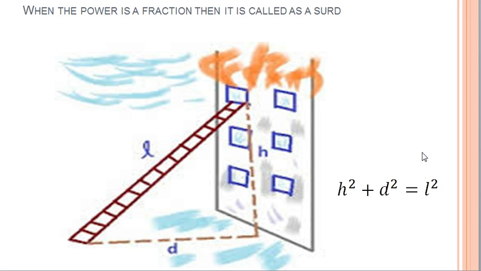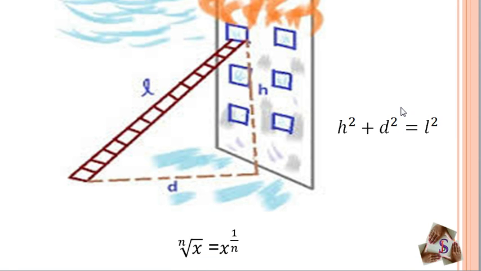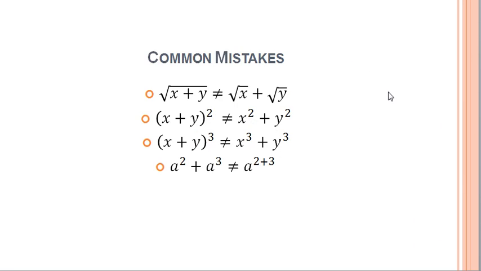So what can I say about the value of L? The L can be a rational number or it can be an irrational number. So since the value of L can be written with a fractional power, it can also be called a surd.